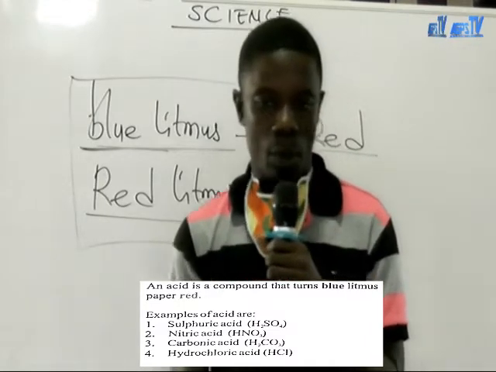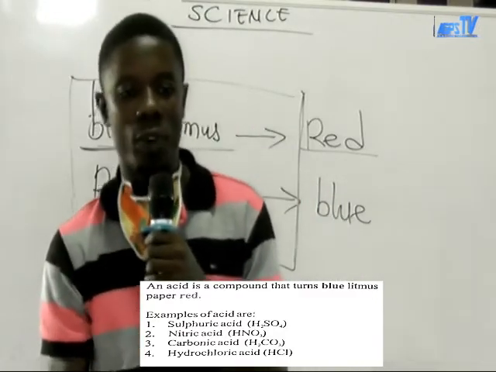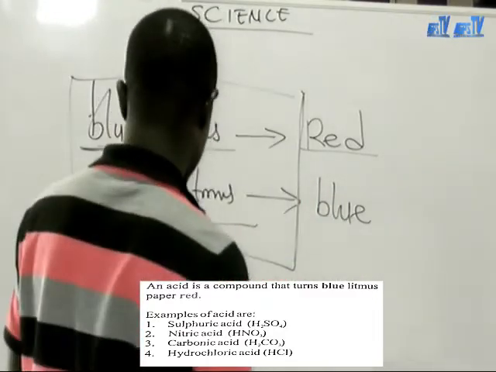Or another definition of an acid is a substance that produces hydrogen ions when it is dissolved in water. Let me write it on the board for you.